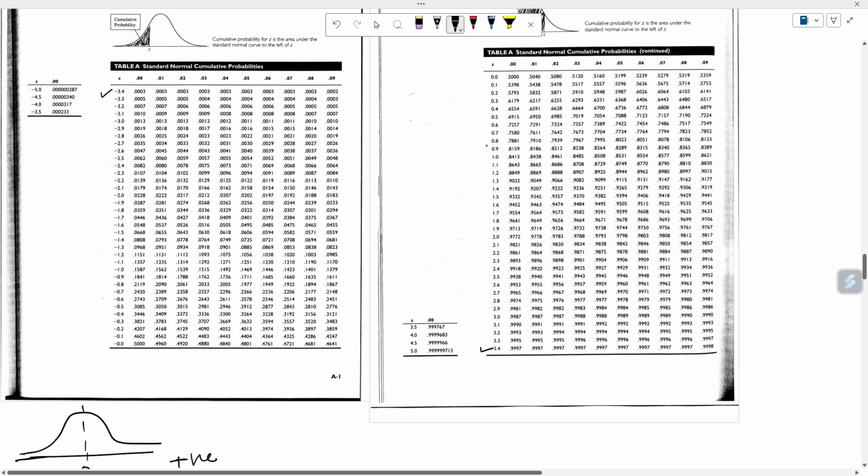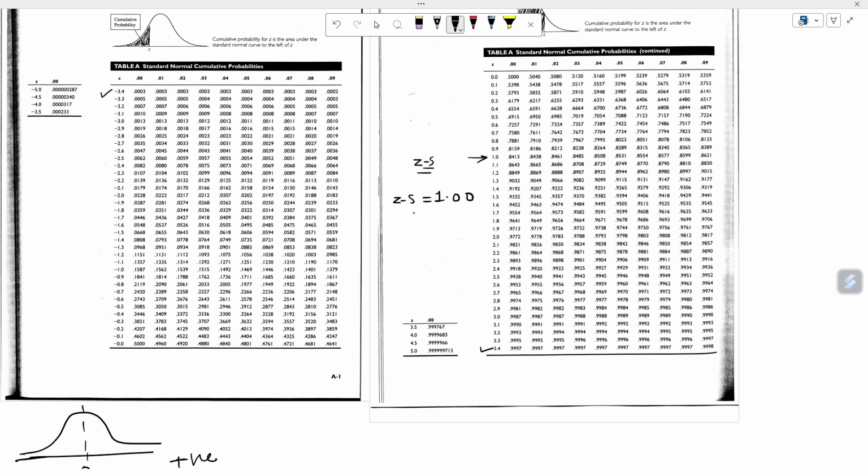So here you can see positive Z, which is 1.0. We need Z as 1.00. So these are the fraction values starting from 0.00 to 0.09.